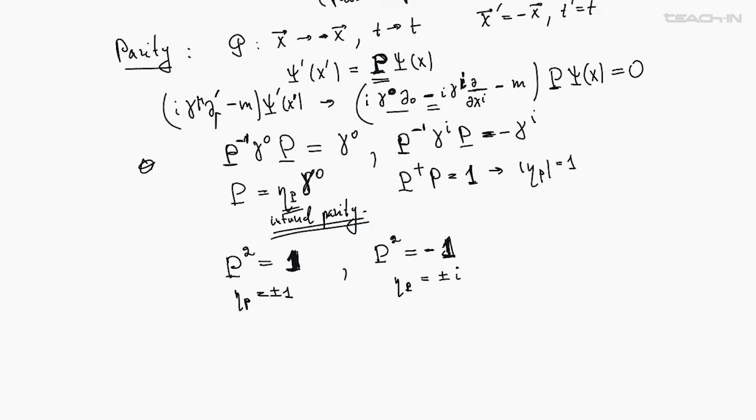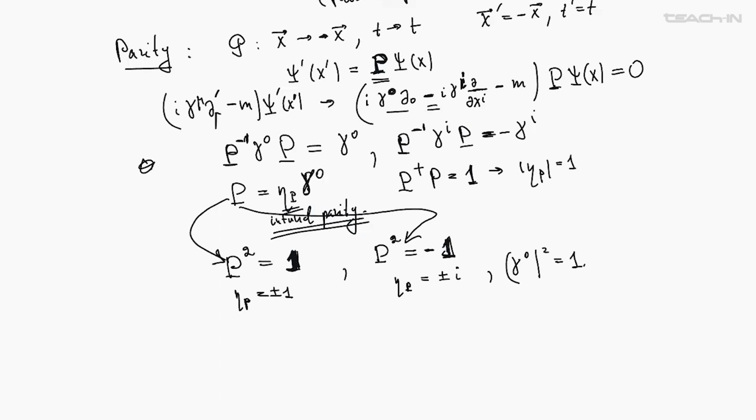So you will identify an internal parity either as ±1 or ±i.